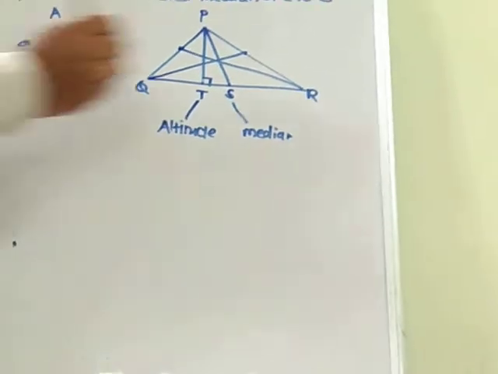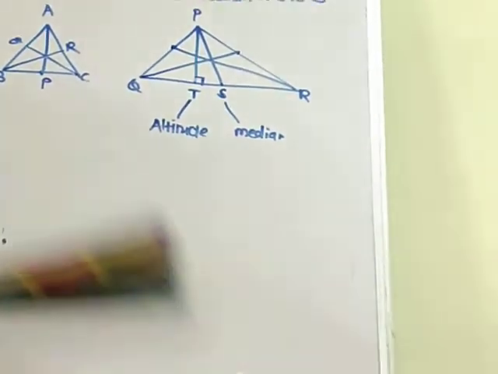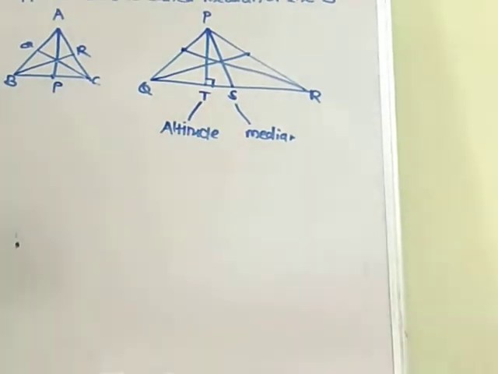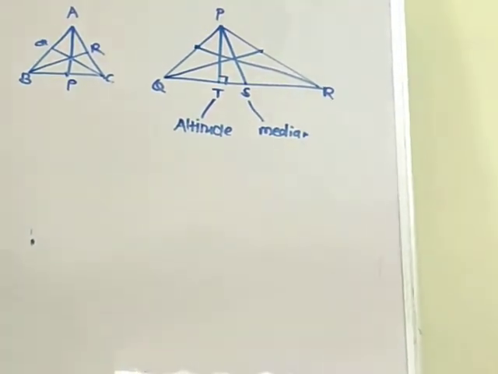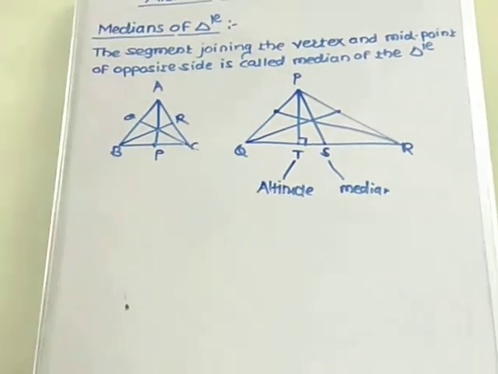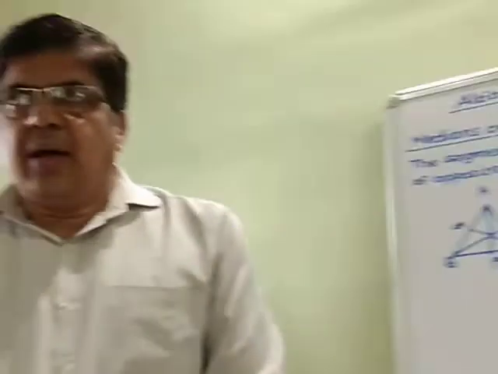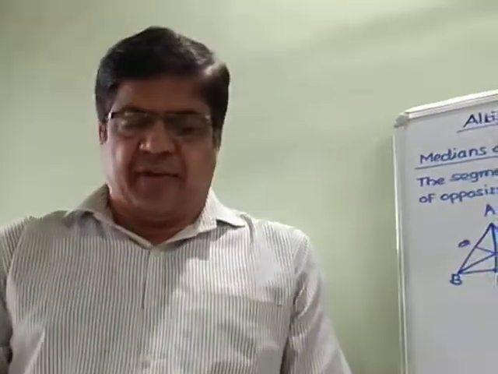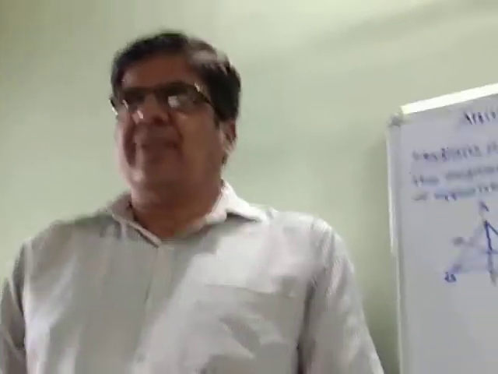Therefore, here it is somewhat up and down, sir. Don't laugh at the diagram. Understand this. A triangle has three medians.